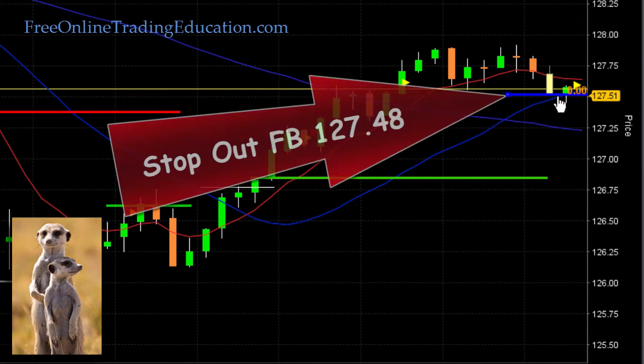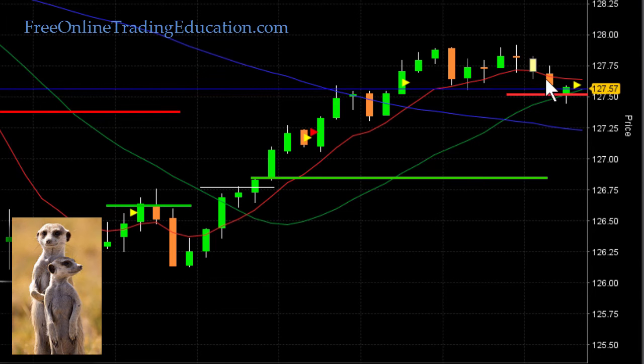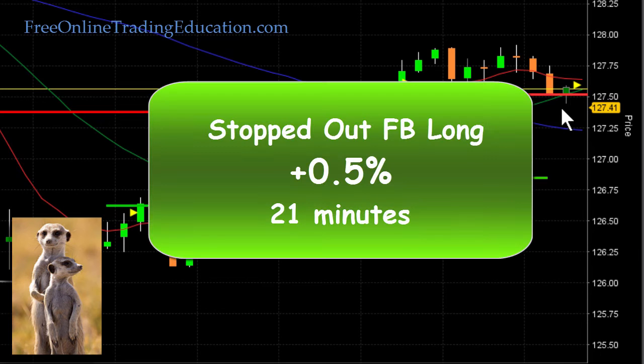Stopped me out right there at 127.48. Let's take a look at this trade. It was a bull pullback and then high based, and then I got in when it broke out from the high base, and I stayed in there, and I just had my stop just below a possible line of support, and it finally did break down for 0.5% in 21 minutes on that trade.